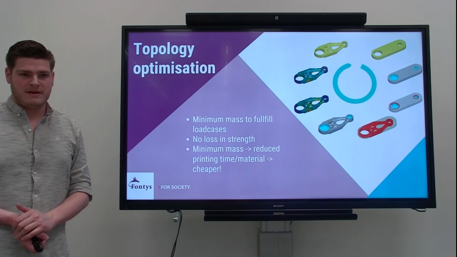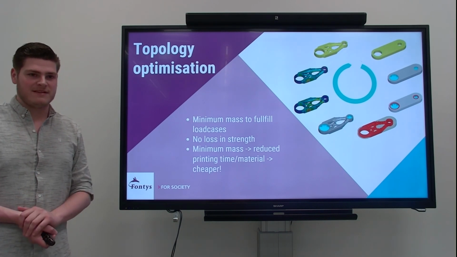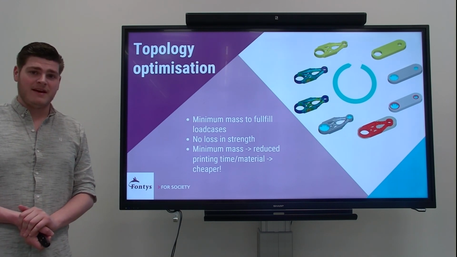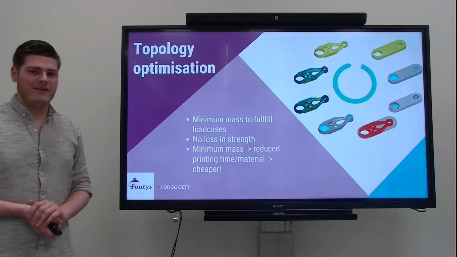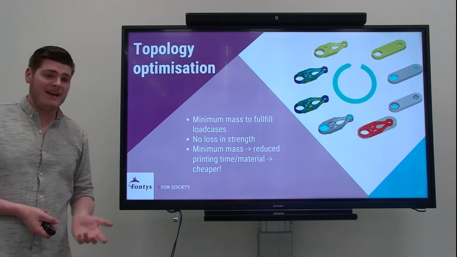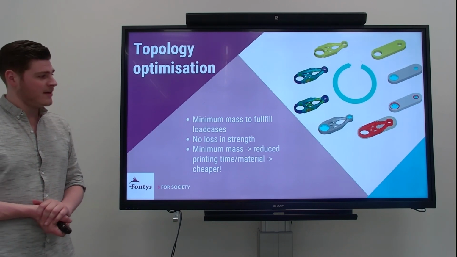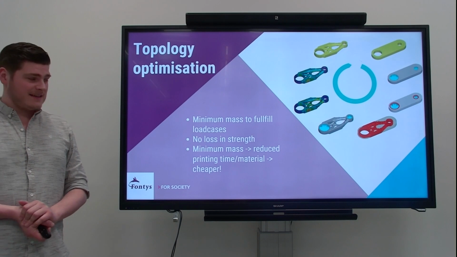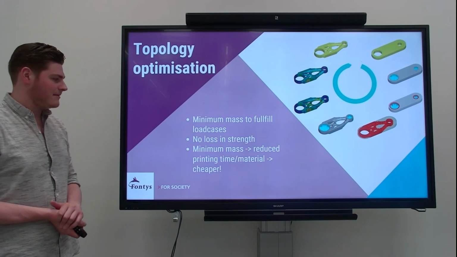And very important in that is there is no loss in strength. It is optimized for all the load cases that we have. So when we put a different load on that, it isn't calculated for that, so it is more easily bent. It has less strength in other load cases. But if you define your load cases correctly, this product is just as strong as a normally designed CNC piece.